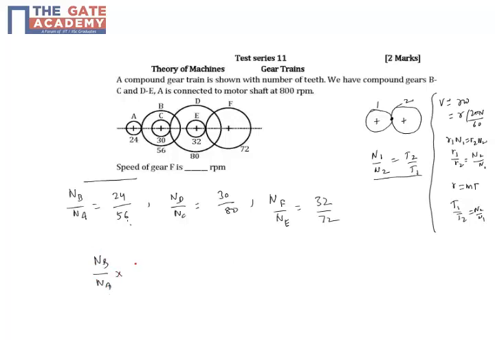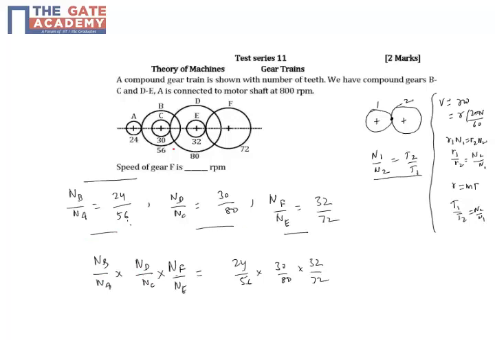Multiplying these three equations, NB by NA, ND by NC and NF by NE, gives 24 by 56, 30 by 80 and 32 by 72. Always write down the equations for pairs of gears which are in mesh. You can individually write these equations and then just multiply.